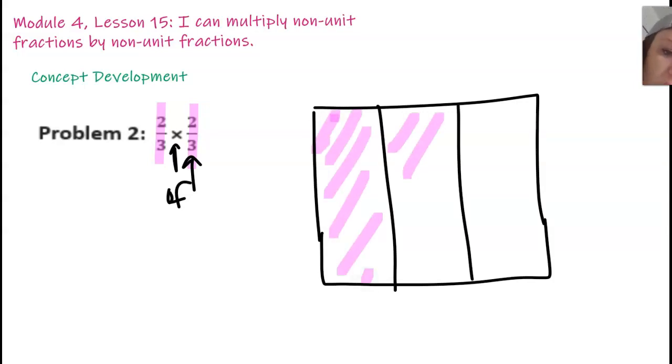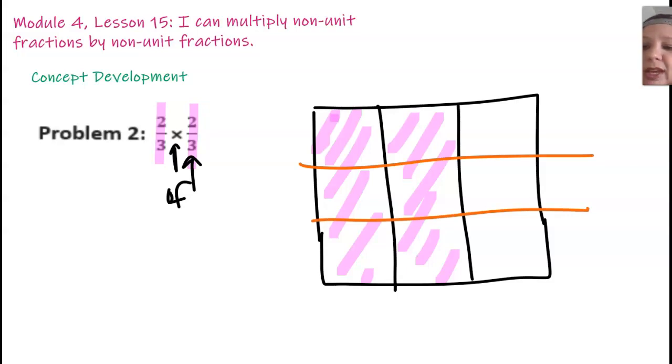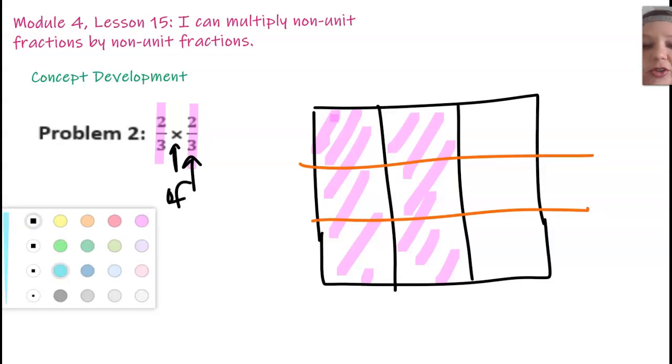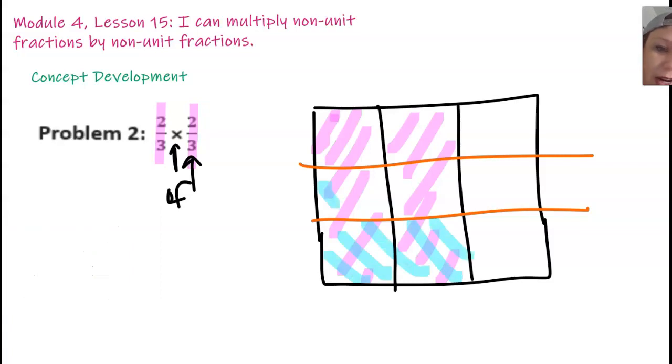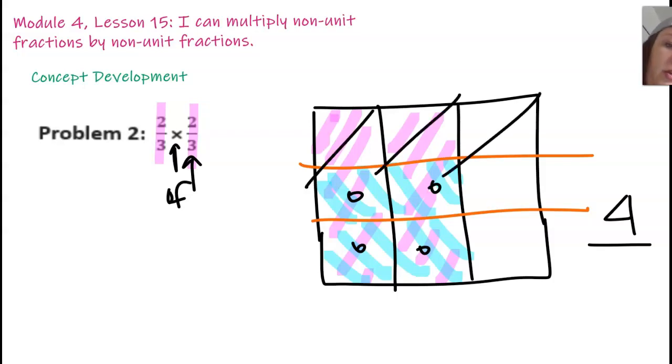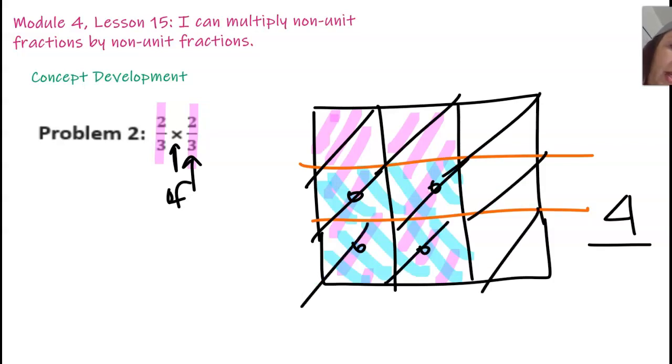I'm going to shade 2 of those thirds right there. And then I'm going to turn around and break it into thirds horizontally. And I'm going to shade 2 of the thirds right here. So I have 2/3 of 2/3 shaded. So now how many do I have double shaded? I have 4 double shaded. That's your numerator. And then the denominator always tells how many parts the whole is divided into equally. So that's 1, 2, 3, 4, 5, 6, 7, 8, 9. That's 4/9.